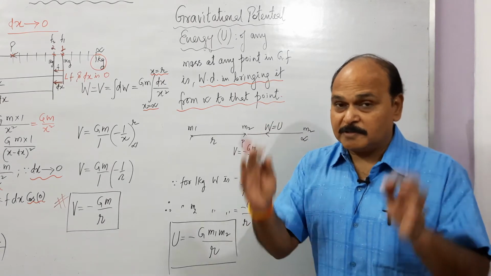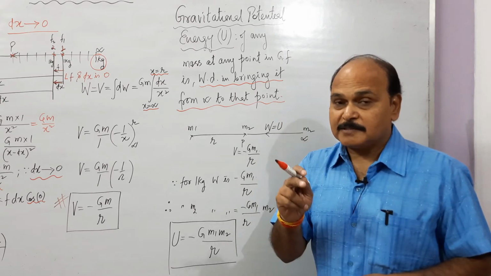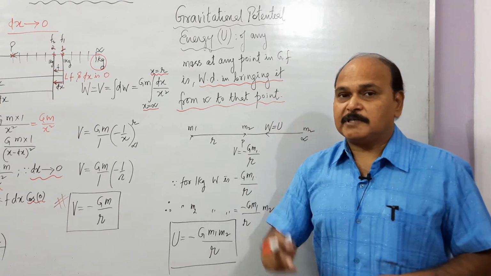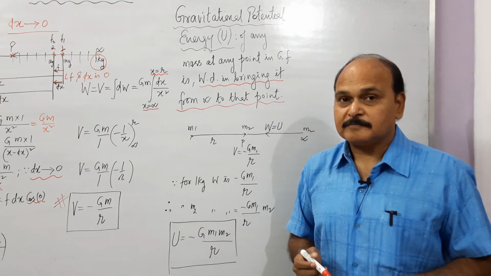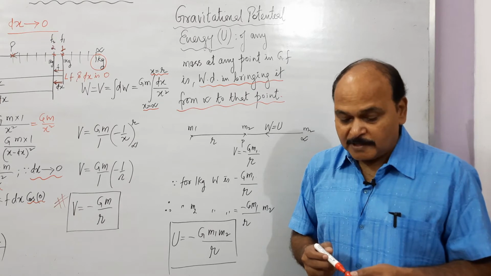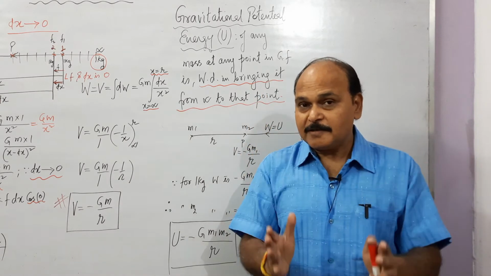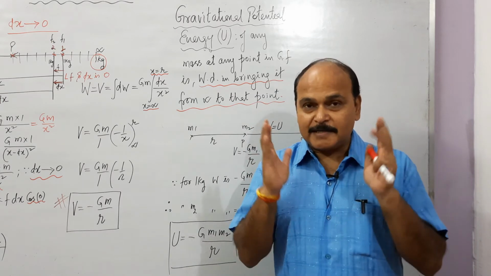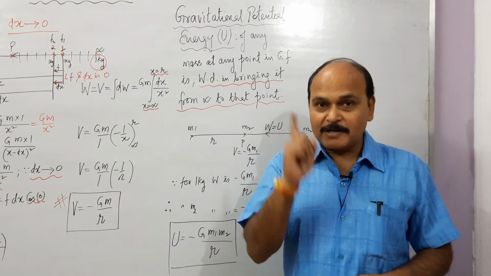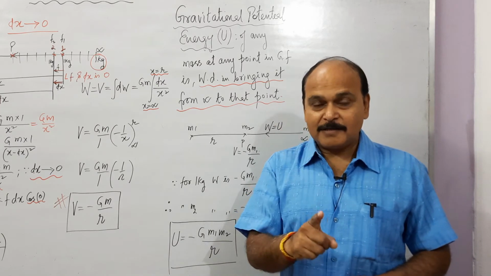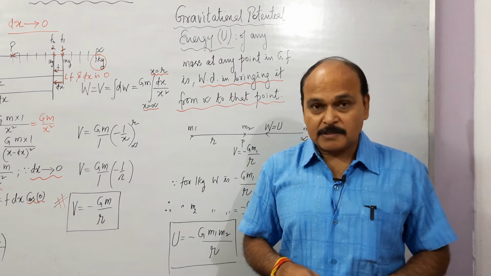This is the absolute definition of gravitational potential energy of any mass in any gravitational field, that is, the gravitational field due to any mass.